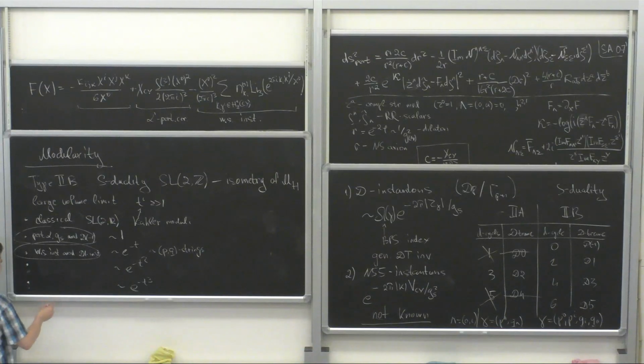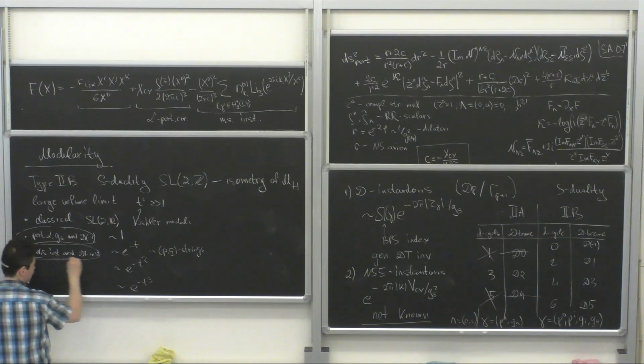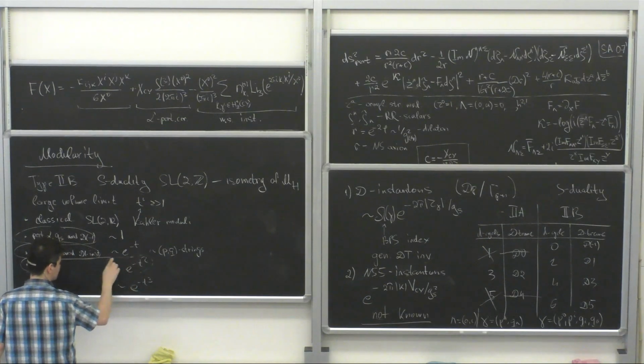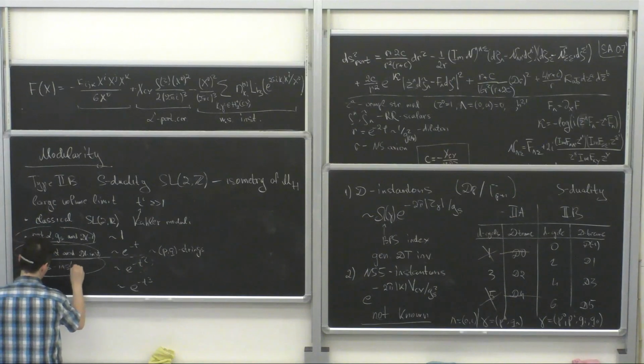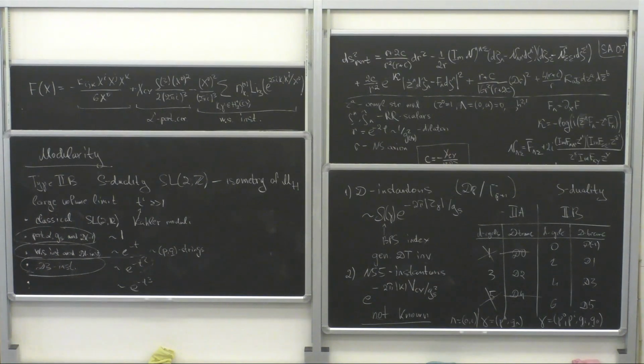Well, you can already guess what the next sector will be. The next sector corresponds to D3 instantons. And actually, from the point of view of modularity, this is the most interesting sector. Because you see, compared to the other two sectors, D3 instantons are S-duality invariant. They're not mixed with other branes or with perturbative corrections.